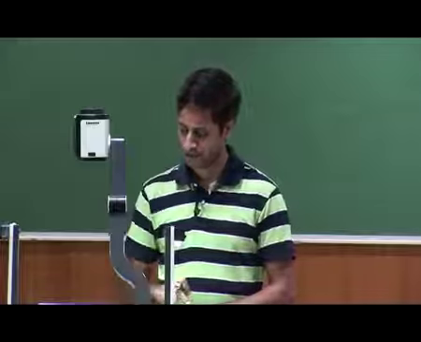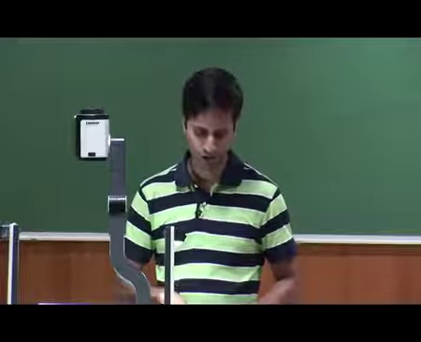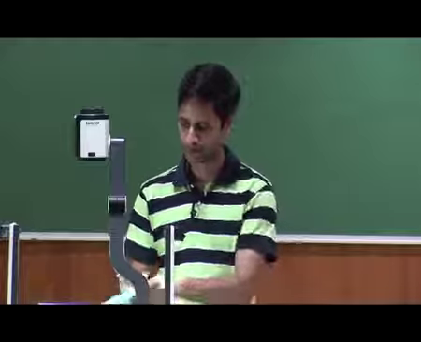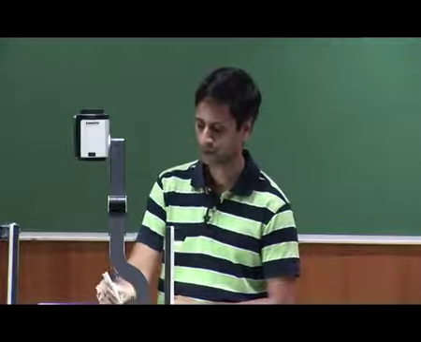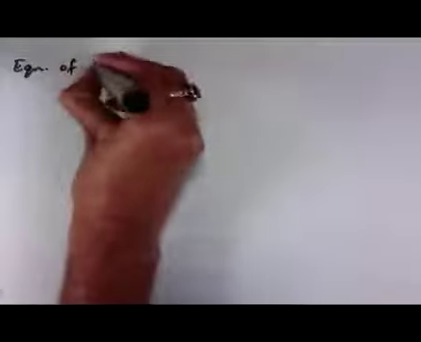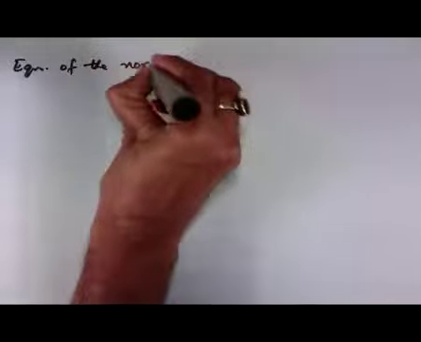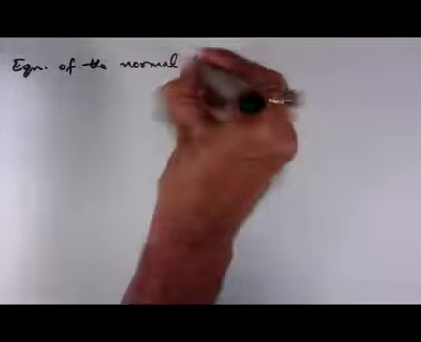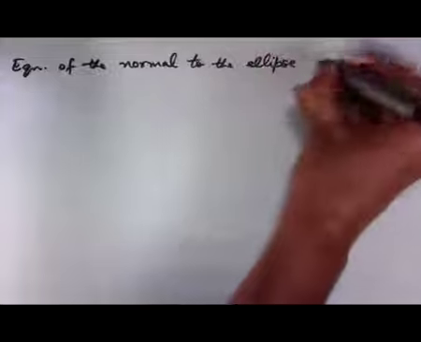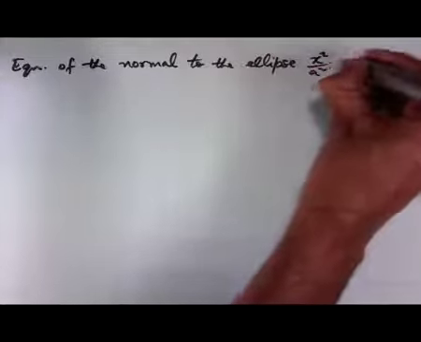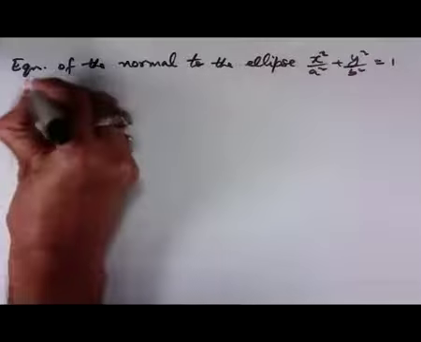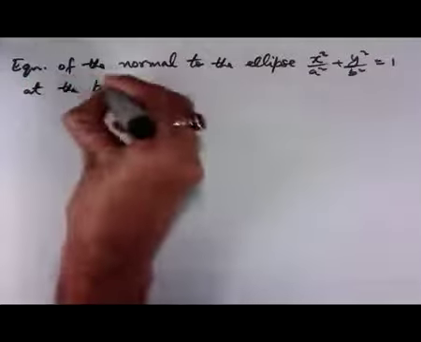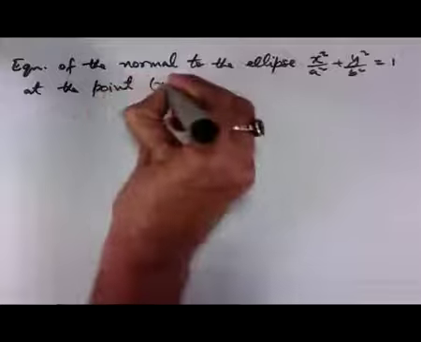Next, we will derive the equation of the normal to the ellipse x square by a square plus y square by b square equal to 1 at the point x1, y1.